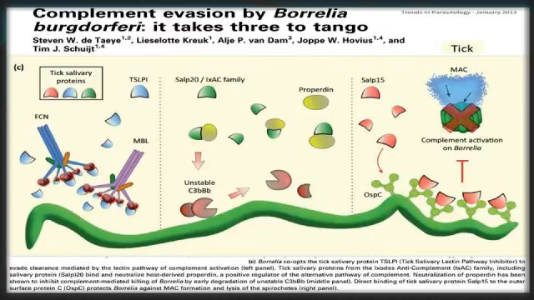Okay, and then if you look further at this one here, you can see proteins from the tick also bind parts of complement. That binds onto the MBL, the mannose binding lectins, and it blocks them from doing their job. So this Borrelia has 3 different kinds of ways where it is interfering with complement.